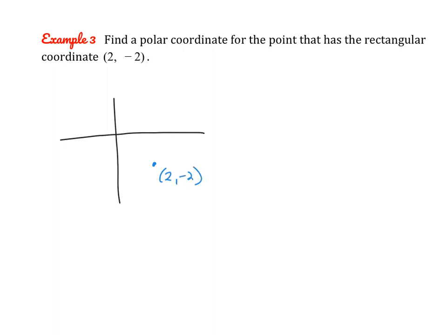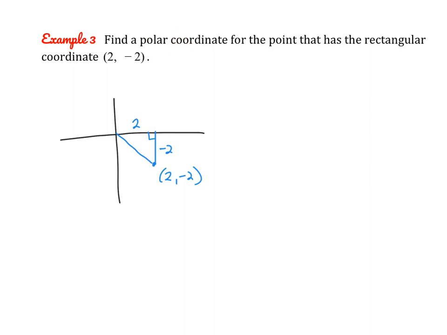And when we are given this coordinate, we could turn it into a right triangle, and we know that it just means this distance is positive 2 and this distance is negative 2. To create a polar coordinate, we need to know two things.